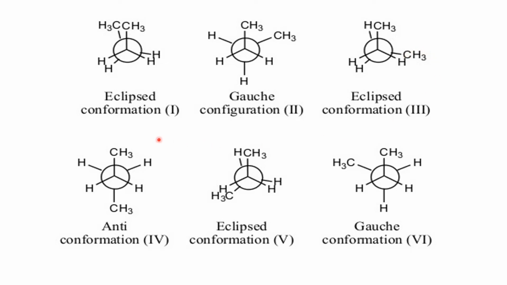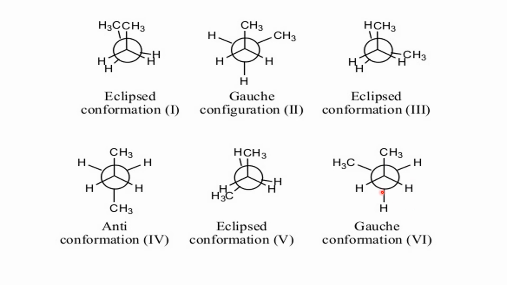Then we move to the next case, that is the extreme one, anti-conformation, in which the methyl groups are in the opposite direction. Again the carbon-carbon rotation occurs, so that we move to another eclipsed conformation. Got it? Then we move to again another gauche conformation.